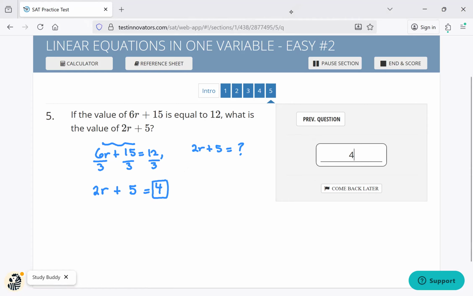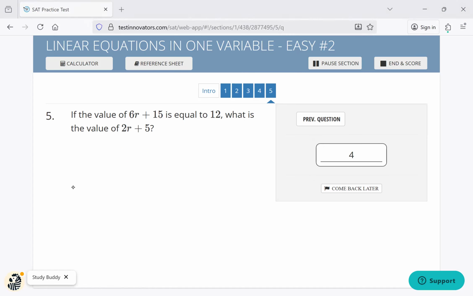Okay, there's another part of this. There's a last part for linear equation in one variable for easy ones. So let me find it.